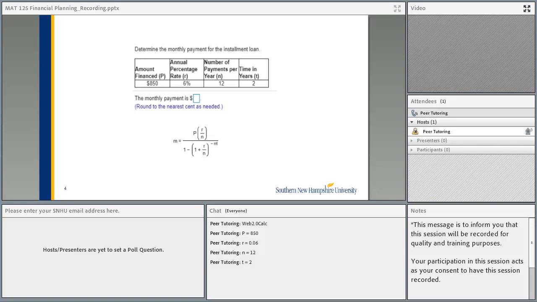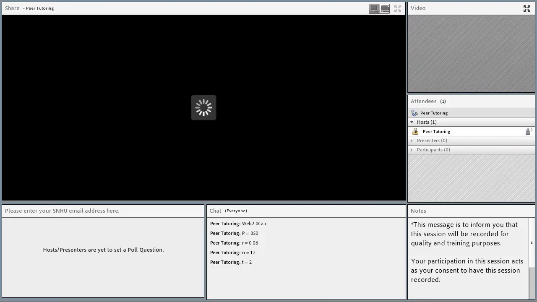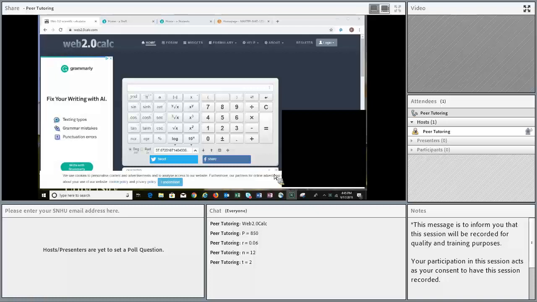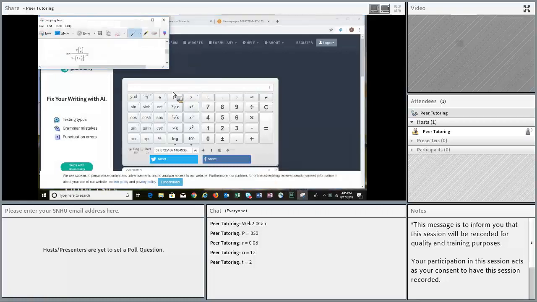Okay, so once we have that, then comes the fun part, getting all of this information into this formula and correctly entered into the calculator. So I am going to pause for a moment and connect to Web 2.0 Calc just so you can see what it looks like. There it is right there. All right, so I'm going to bring this up here.